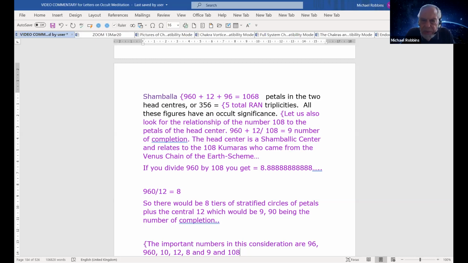And wouldn't it be interesting if somehow each of the petals found a way to reflect one of the 108 Lords of the Flame, or Kumaras. But that is speculation.